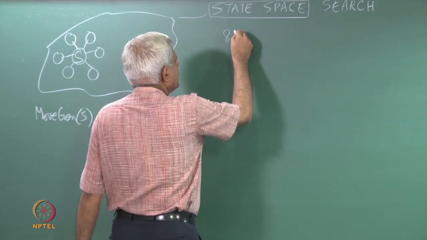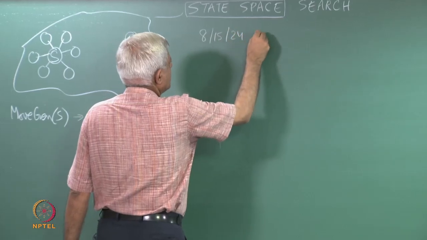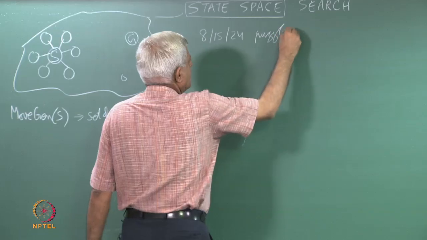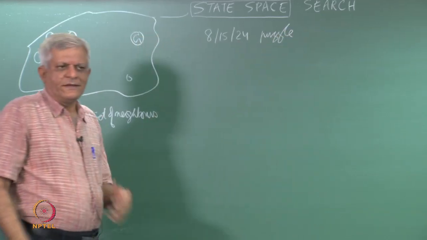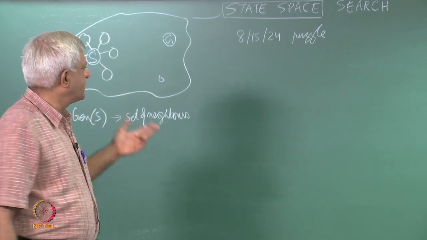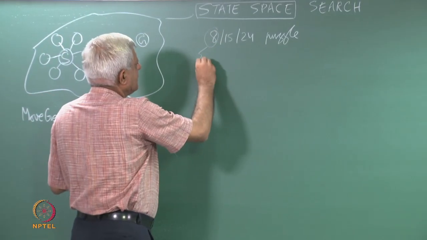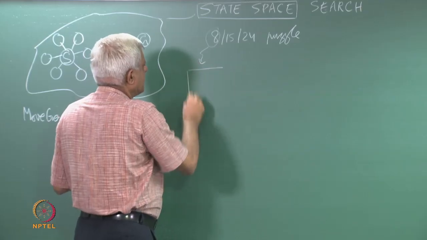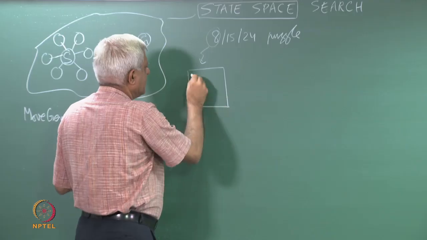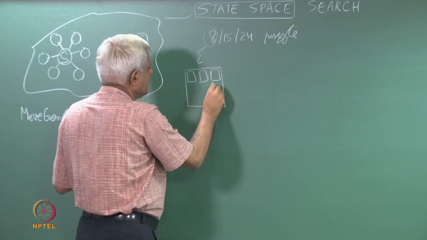So, you have 8, 15, 24, in fact any n square minus 1 puzzle. So, 8 is 3 square minus 1, 15 is 4 square minus 1, and so on. The 8 puzzle in particular is a puzzle, and you must have seen this, which has got 8 tiles, that is why it is called 8 puzzle.